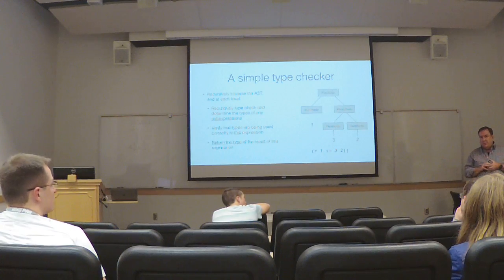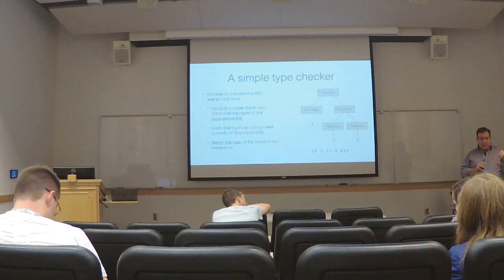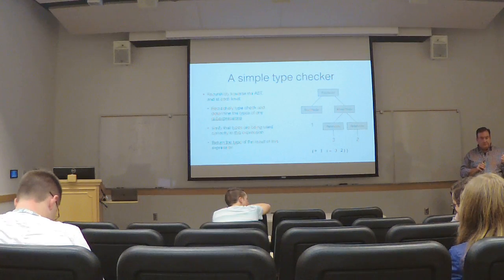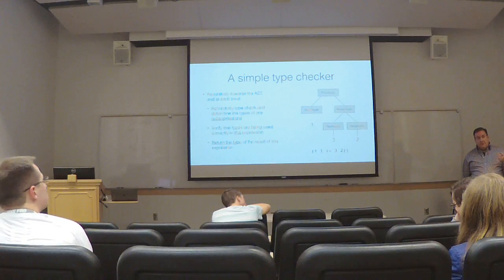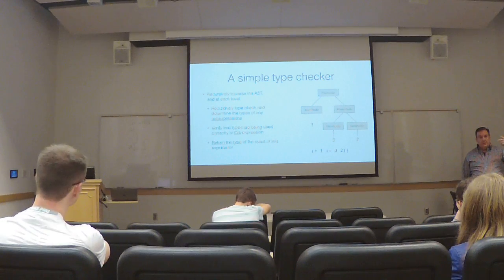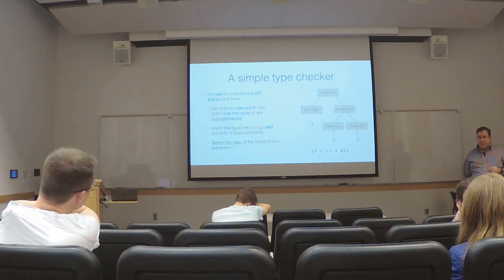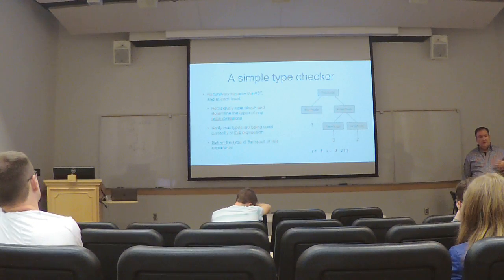It's just classic post-order tree traversal. One, recurse on the children, make sure that their types are correct, and determine what their types are. Two, visit the current node, and check and make sure that types are correct. And three, return to your caller of the recursion what the type of this sub-expression is. And that's exactly what you're going to code for the last lab.